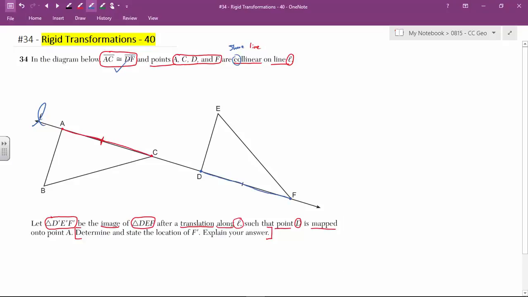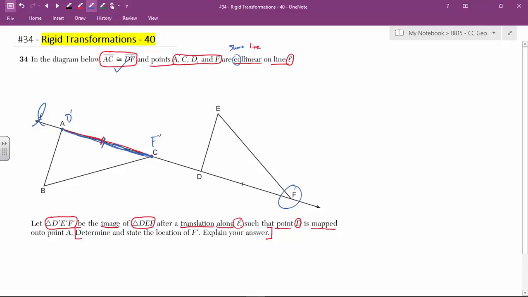If we translate it so that D, that top point, lands on A, you can see that D prime will land on A, and then F prime lands on C. So you now have your answer.